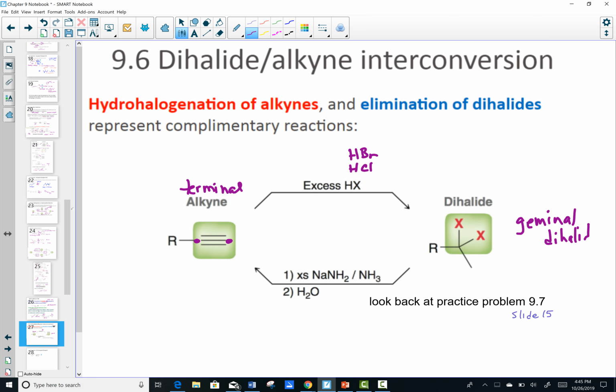And I bring this out because in the last lesson, we practiced this very reverse reaction where we said, let's see how we can make a terminal alkyne. We started with the geminal dihalide, and we added excess amounts of sodium amide in the presence of ammonia, followed by a water workup to go back and protonate.